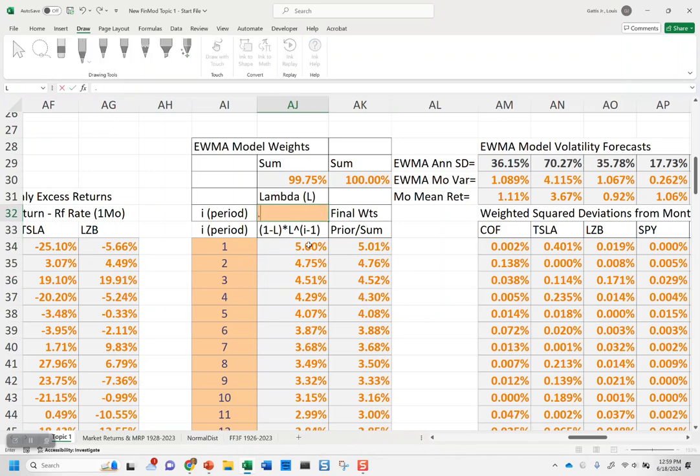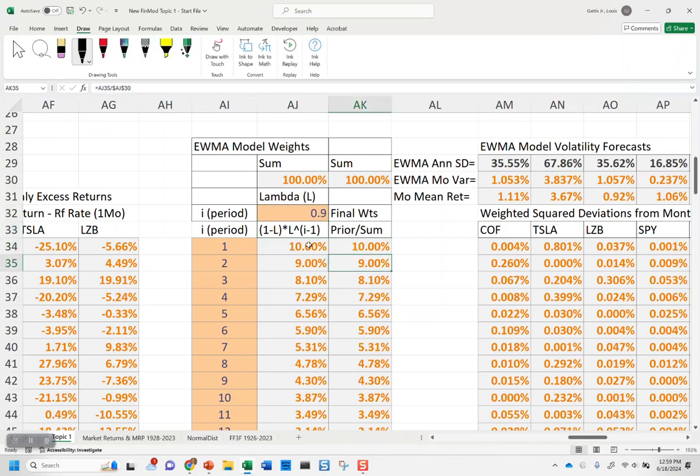If I make it 0.9, it's 10%. So the lower the lambda, the more you're weighting the more recent data and not weighting heavily the farther data. And let's try this. Try a lambda of 0.9999999. When I do that, notice the weights are about equal.